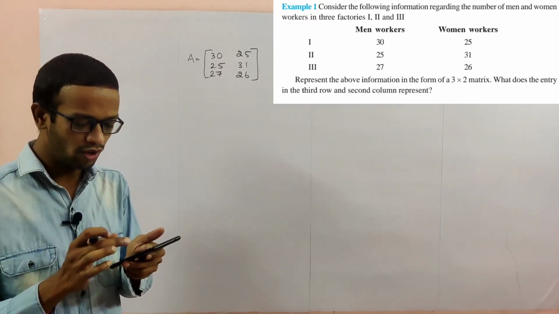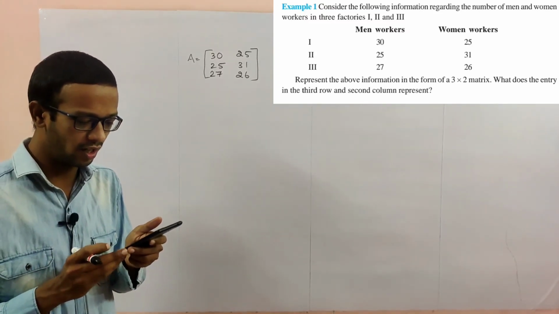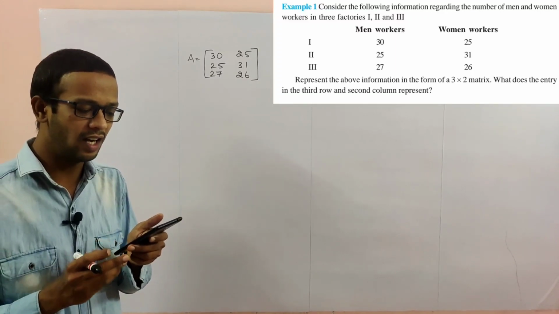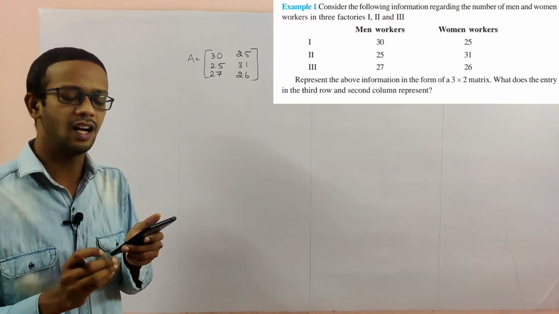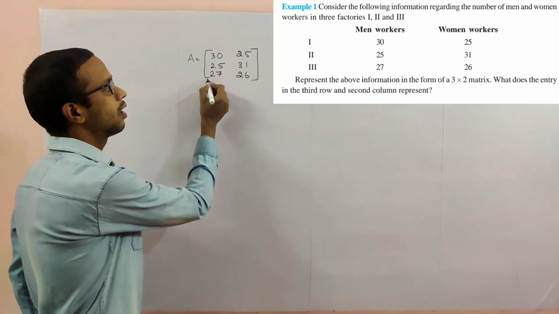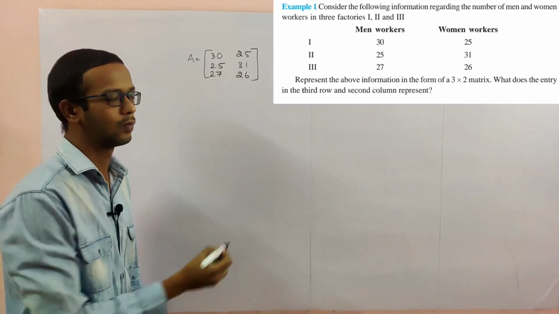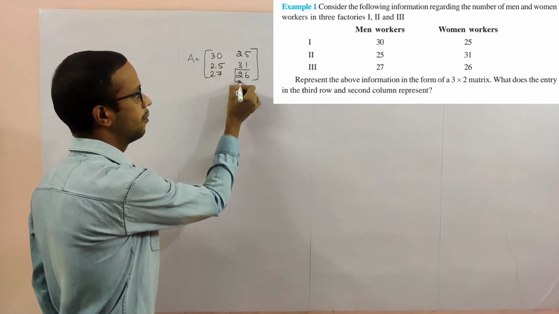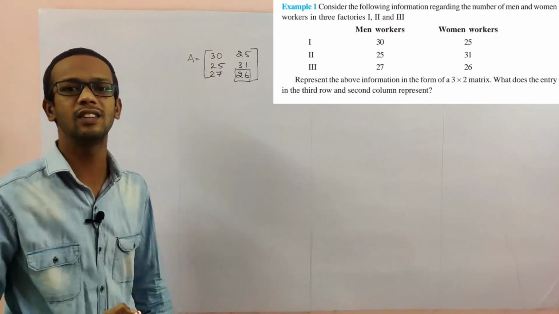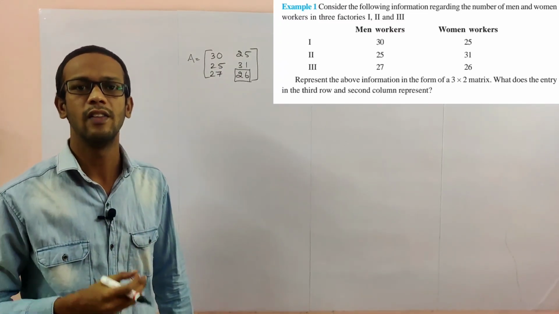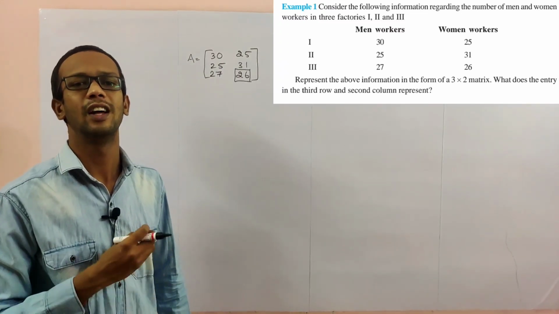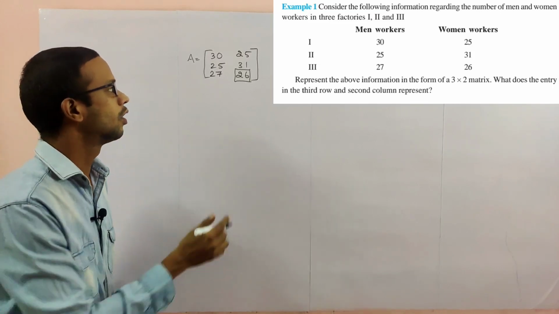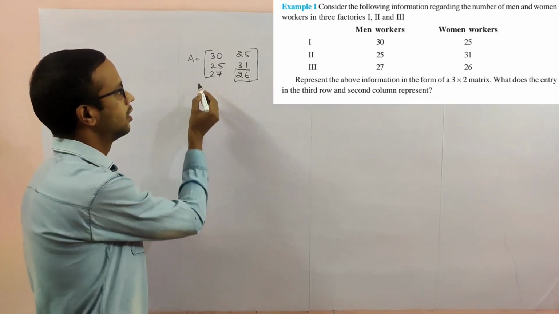Next, one more question is there, in continuation. What does the entry in the third row, second column represent? Third row, second column entry. What will this 26 represent? This is the question being asked. So what does 26 mean here?